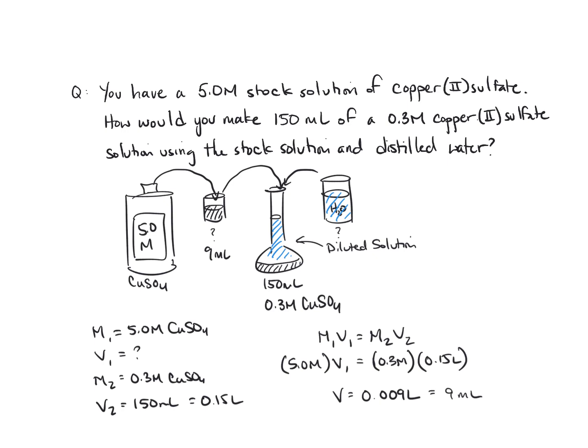If we need 9 milliliters of our stock solution, what's the water going to be? Well, 150 is our total volume. That's what we need. That's going to be equal to some amount of milliliters of H2O plus 9 milliliters, which means we're going to need 141 milliliters of H2O. So how are we going to make this?